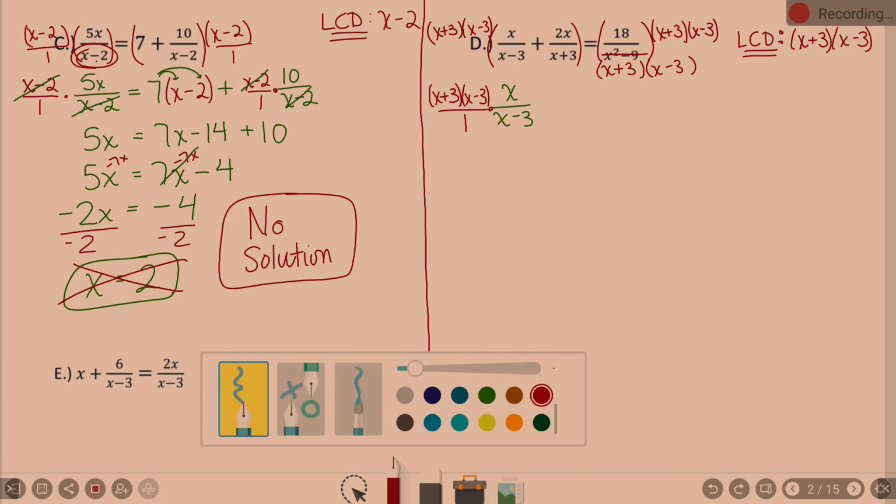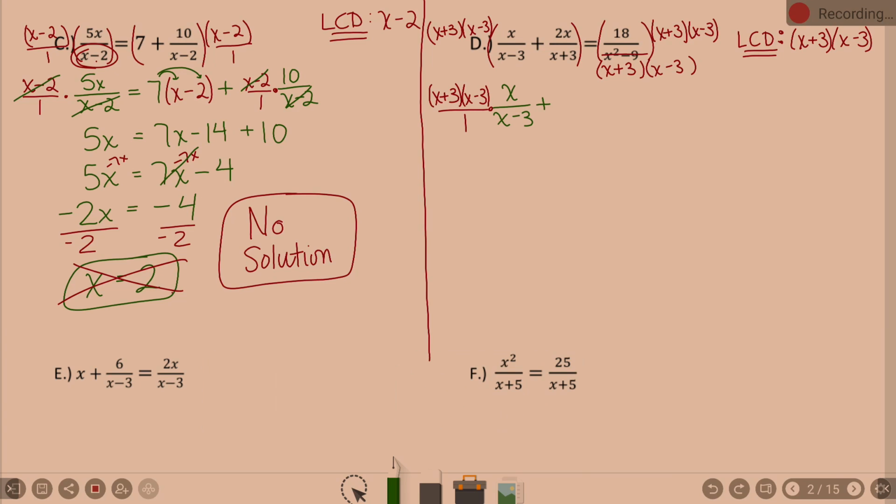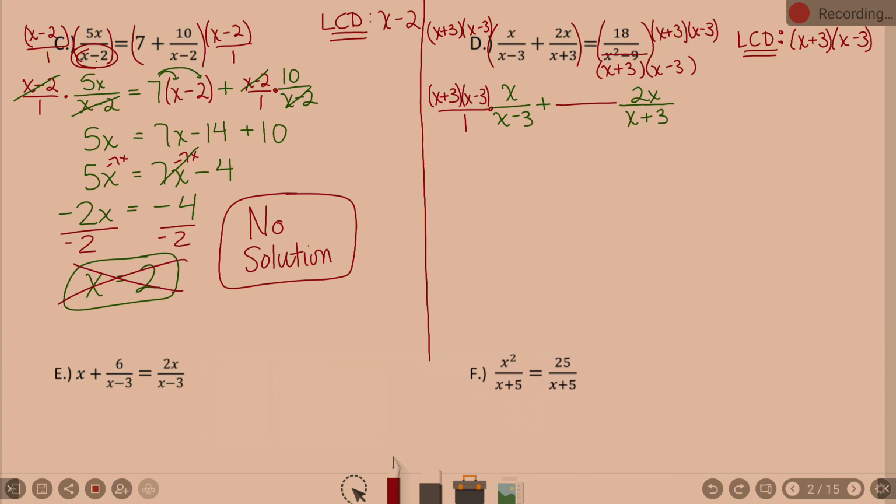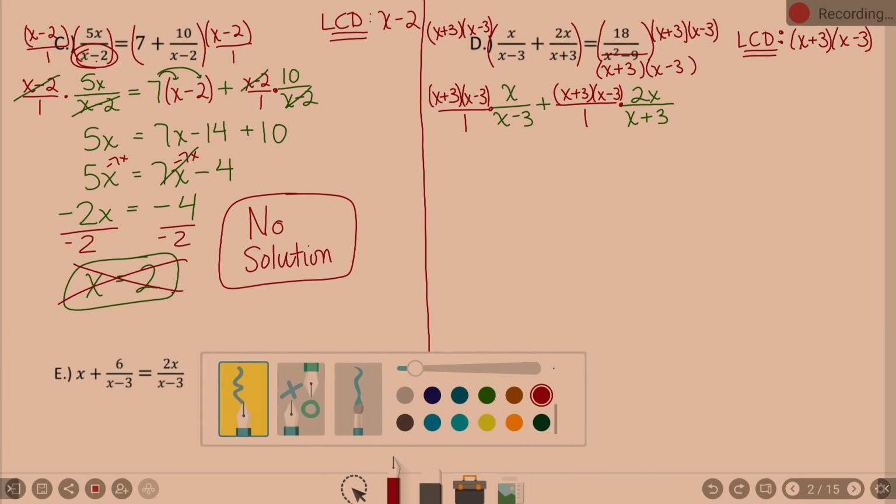Plus, I'm going to take this 2x over x plus 3. What am I going to multiply by? X plus 3, x minus 3. Equals.